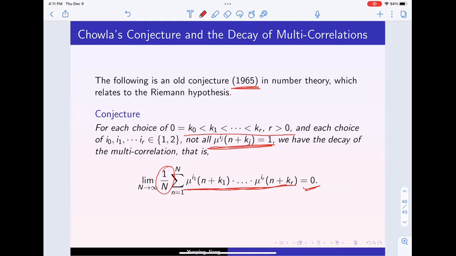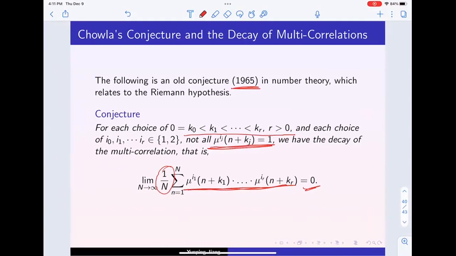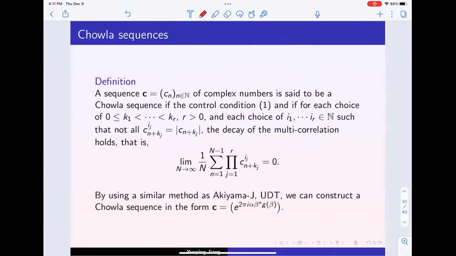Then there's a very recent study, which I'm still trying to understand with some students. First, you can similarly define something called a Chowla sequence. You can take any sequence of complex numbers, and as long as you have this decay of multi-correlation, we call it a Chowla sequence.